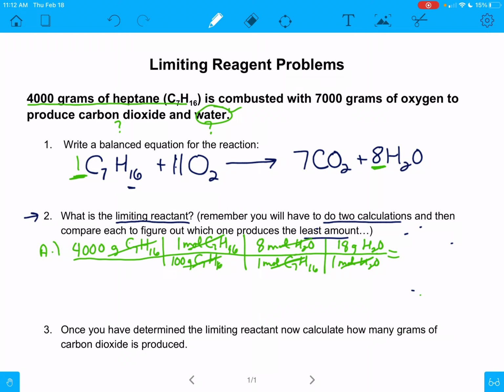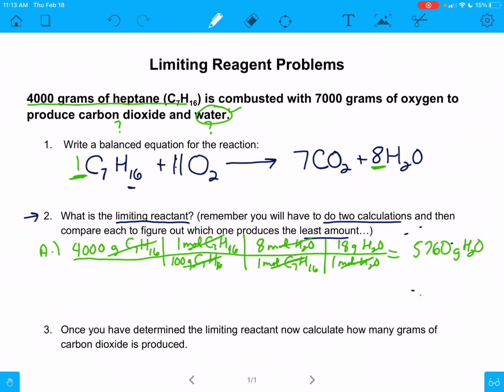We've done the English, now I have to do the math. So here we go. 4,000 times 8 times 18 divided by 100 equals, and I get 5,760 grams of H2O. Okay, so that's the first one.